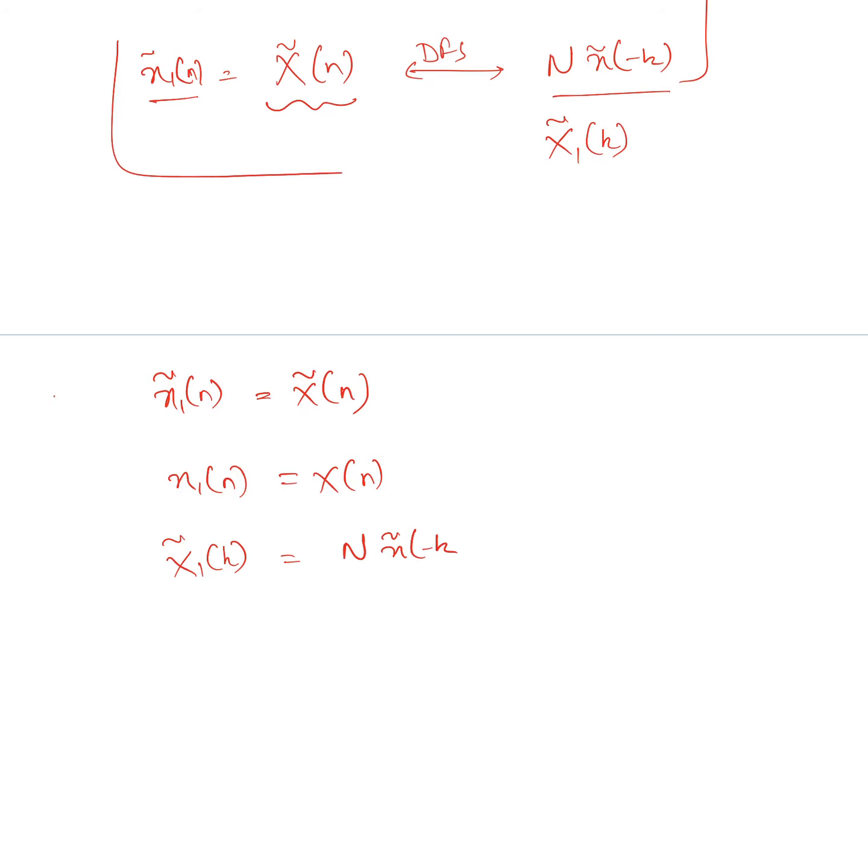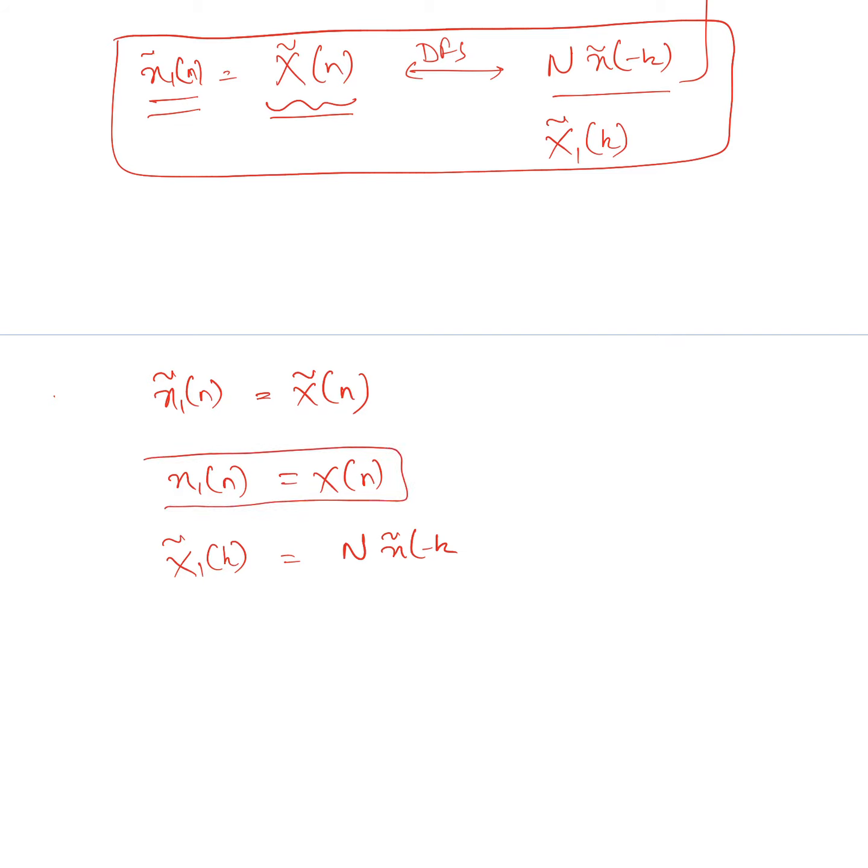This is what we had seen from this duality relationship: if we define this X tilde of n as another periodic sequence x tilde 1 of n, one period of which would be the finite length sequence x1 of n equal to capital X of n, then the DFS coefficients of x tilde 1 are this one.